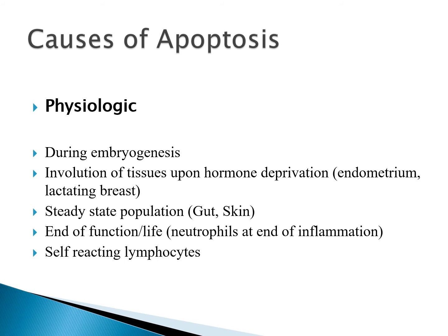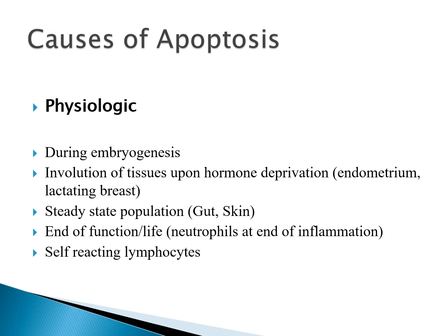The end result will be reduced thickness of the endometrium. The lactating breast, after cessation of lactation, the new cells that were formed with hyperplasia, which we talked about before, will disappear again by apoptosis.